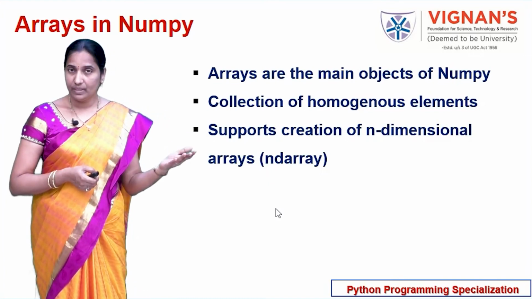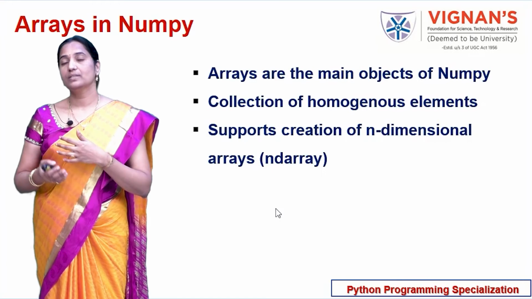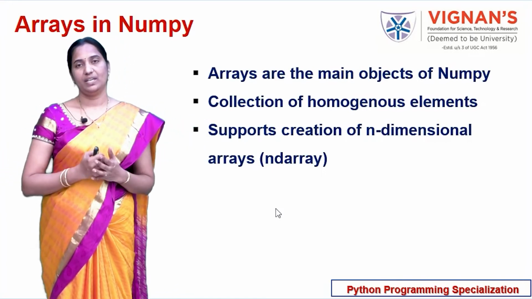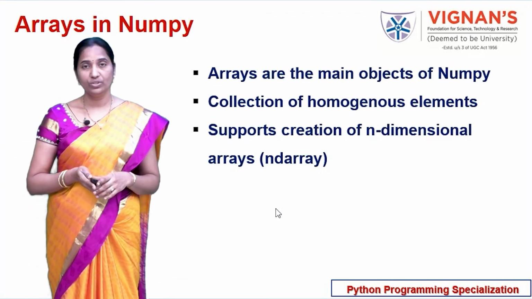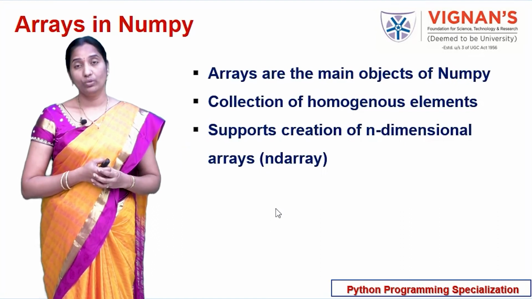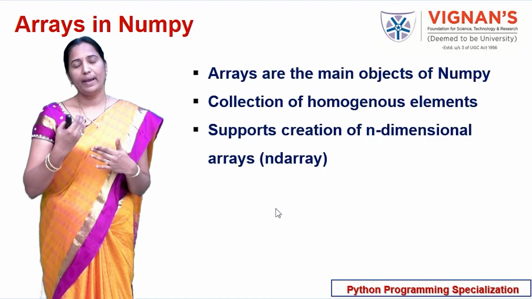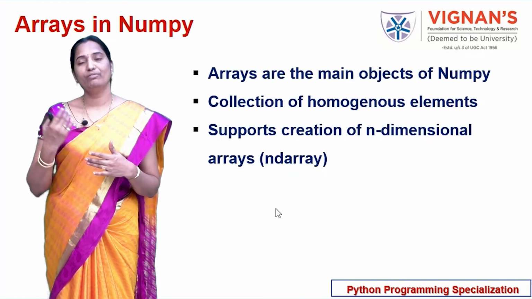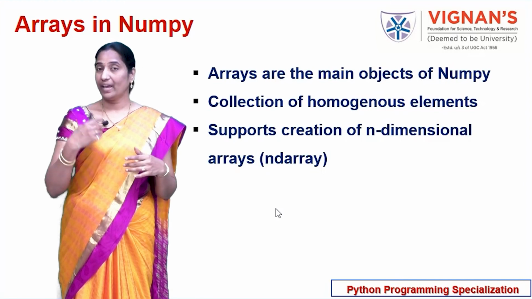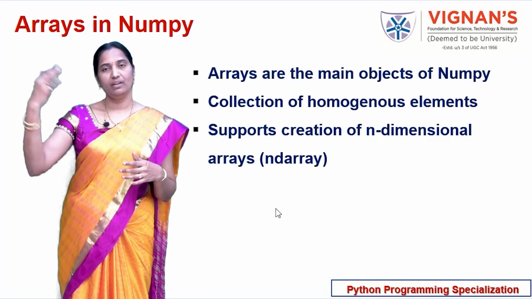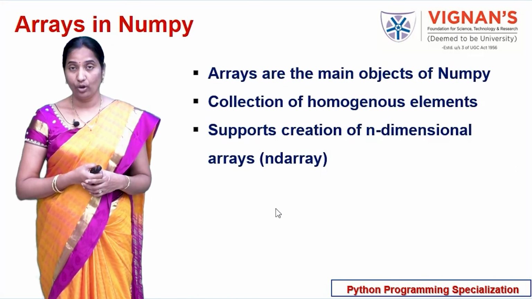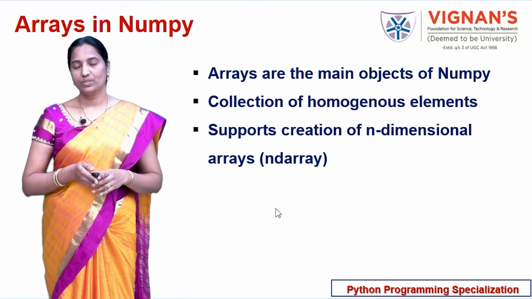Let it be numbers, strings, characters, or images, but the collection of elements must all be of the same type. That's what homogeneous elements means. An array can be zero dimensional, where it is a scalar, one dimensional, where it is a vector, two dimensional, where it is a matrix, three dimensional, four dimensional, even n dimensional. So it is possible to create n-dimensional array objects using the NumPy package.